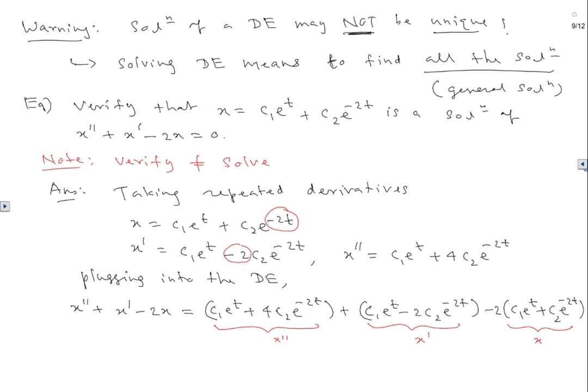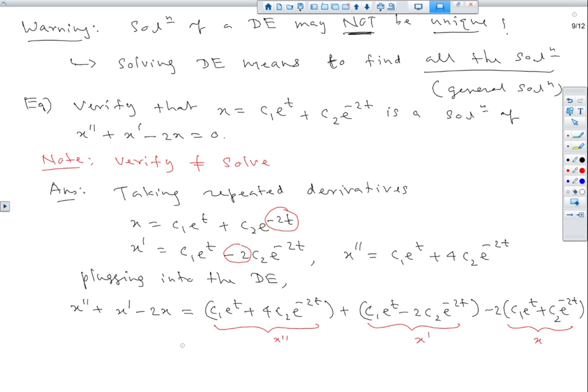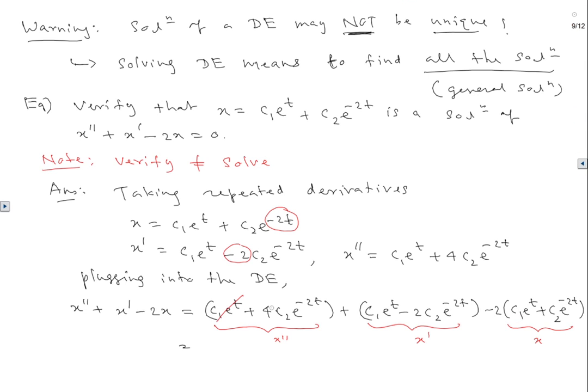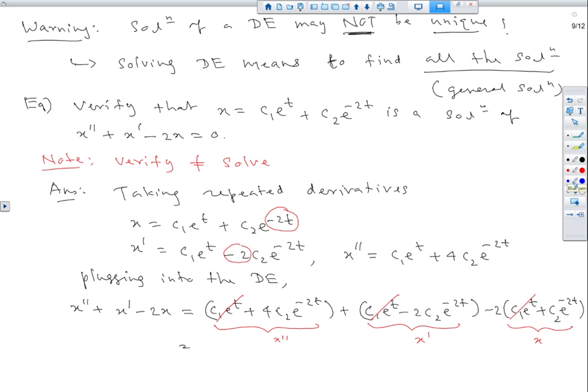Once you simplify, what's going to happen? You can see that a lot of things get cancelled. So we have c1 e to the t and negative 2 c1 e to the t, so these cancel, and then also we have 4 c2 e to the negative 2t, negative 2 c2 e to the negative 2t, and then negative 2 c2 e to the negative 2t.